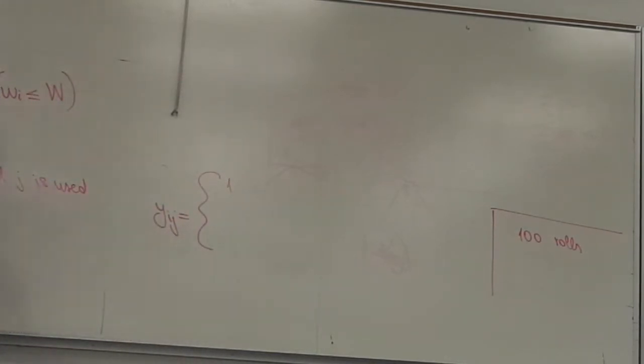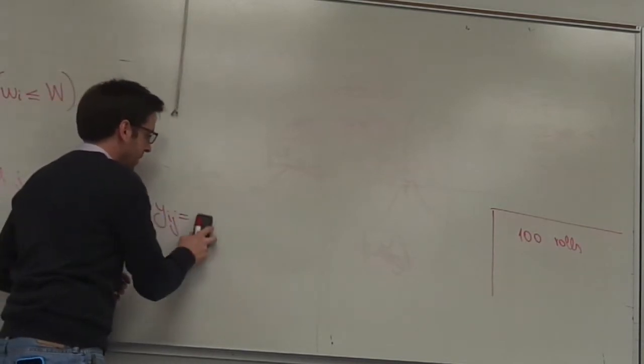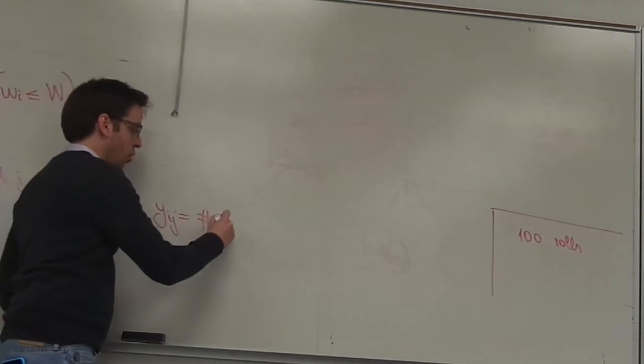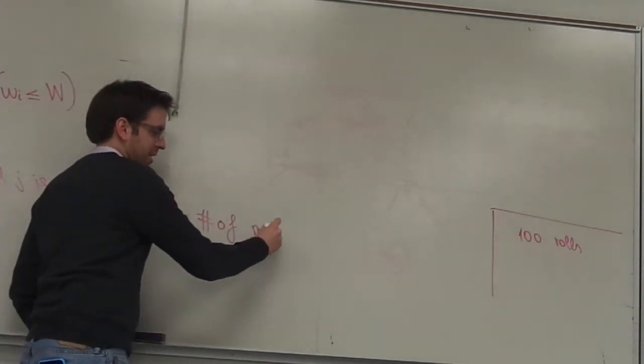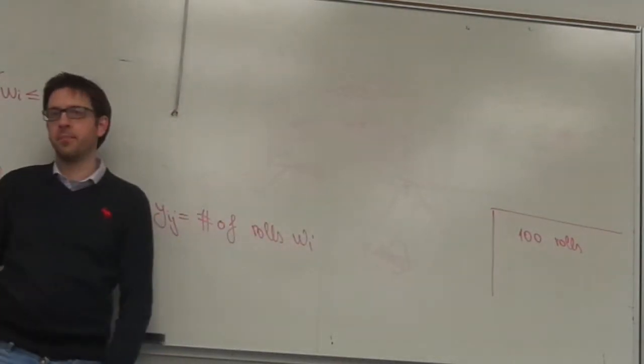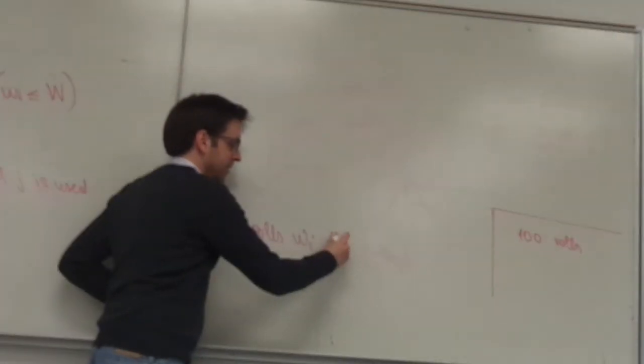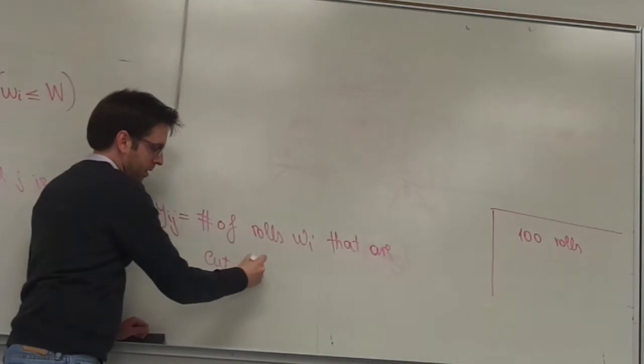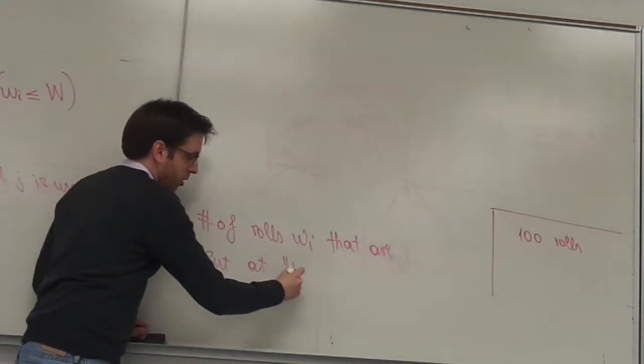I'm not going to do a 0, 1 formulation for this one. I'm going to do a number, which is the number of rolls wi that are cut at big roll j.